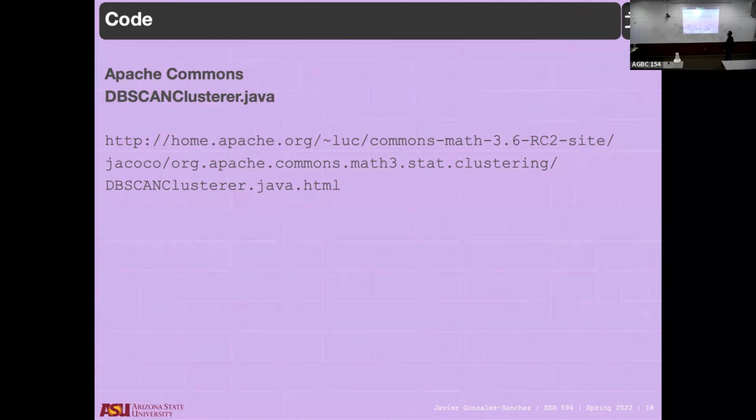Source code. Open source. You can go to that address and the implementation of DBSCAN is part of the Apache Commons. It's a small class. I mentioned before, I put the implementation of the k-means in GitHub. You can have it.